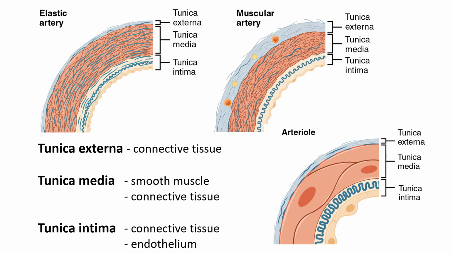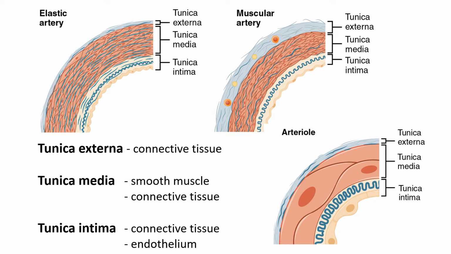The arteries that leave the heart, the aorta for instance, are known as elastic arteries. They're very thick-walled, and most of that thickness comes from the tunica media. Mixed in with the smooth muscle cells of the tunica media are sheets or lamellae of elastic fibers. Elastic arteries lead into muscular arteries. These are thinner-walled.